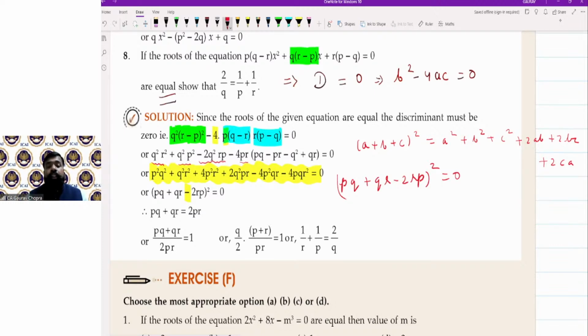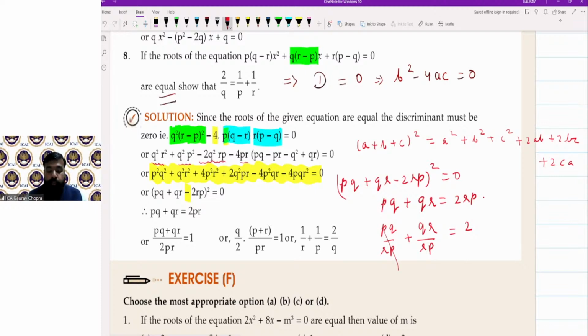Now, in order to remove the square, we can take square root on both the sides. So what will be left? pq plus qr equal to 2rp or 2pr. Now we can send this pr into the denominator and see what is the result. So it will become pq upon rp plus qr upon rp is equal to 2.